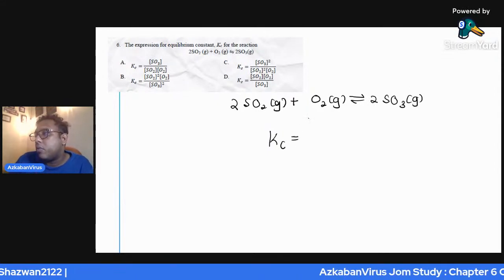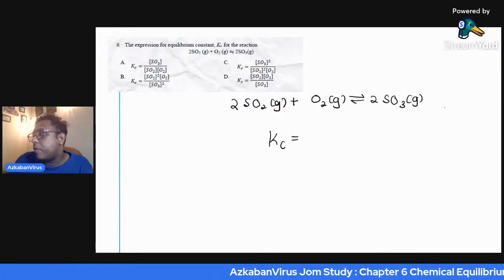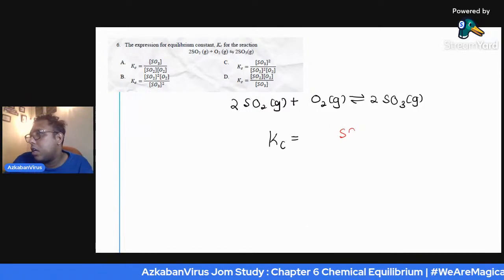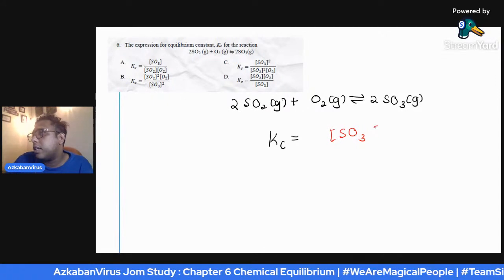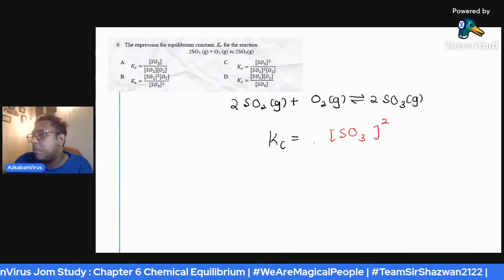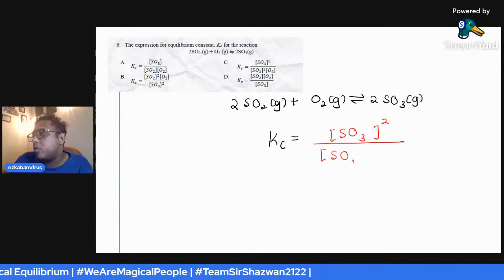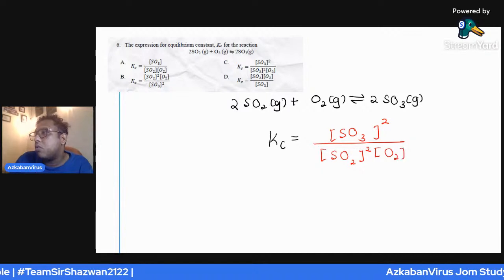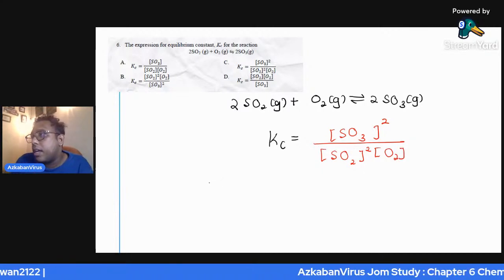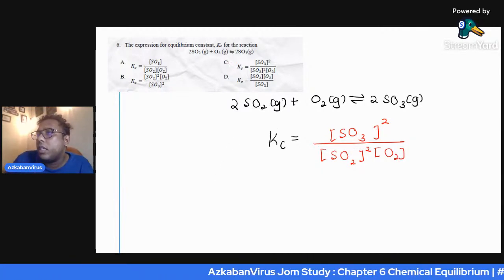So, Kc is equal to produk kita adalah SO3, concentration kuasa 2 bahagi dengan reactant, concentration of SO2 square darab dengan concentration of O2. So, jawapan dia adalah C.